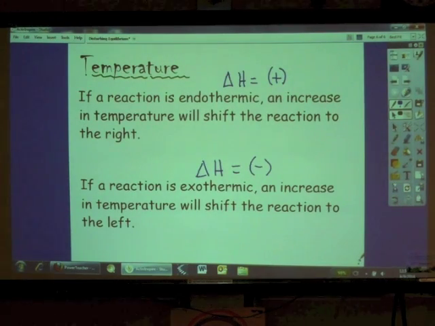If you remove something, in which direction does it go to get that stuff back? If you increase pressure, which way does it go to decrease the pressure? If you increase temperature, which way does it go to cool itself? So always be thinking to yourself, which direction is going to counteract the disturbance?